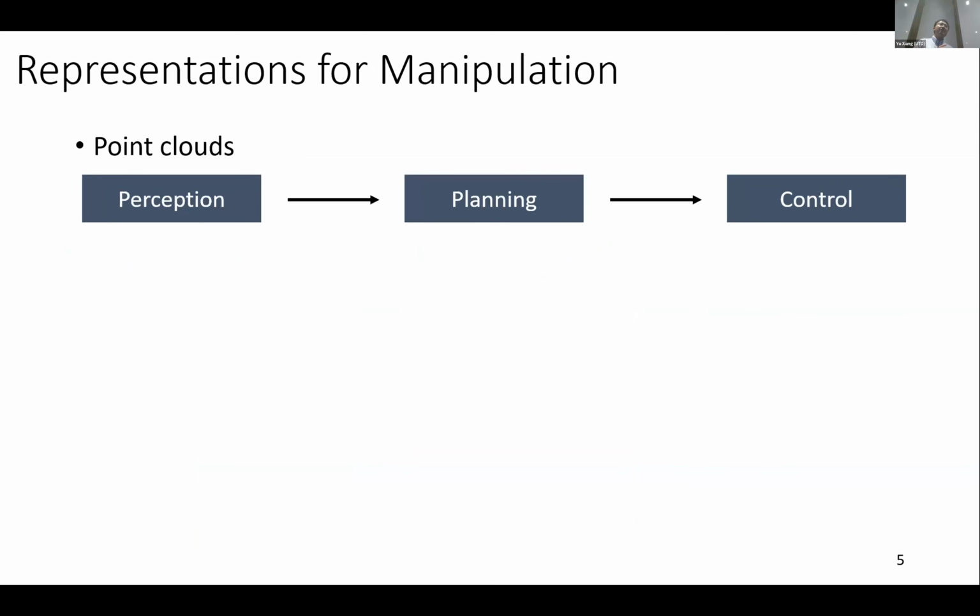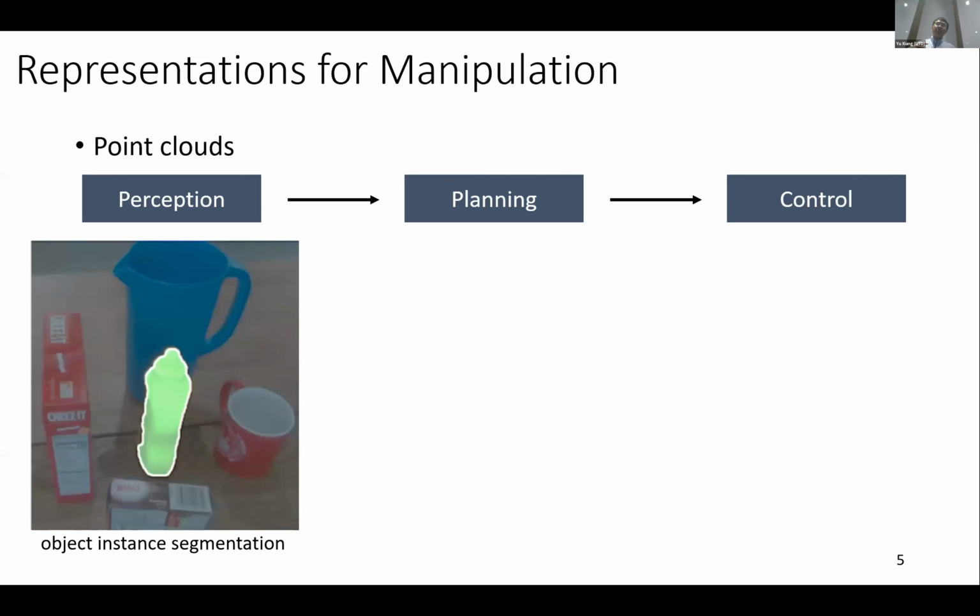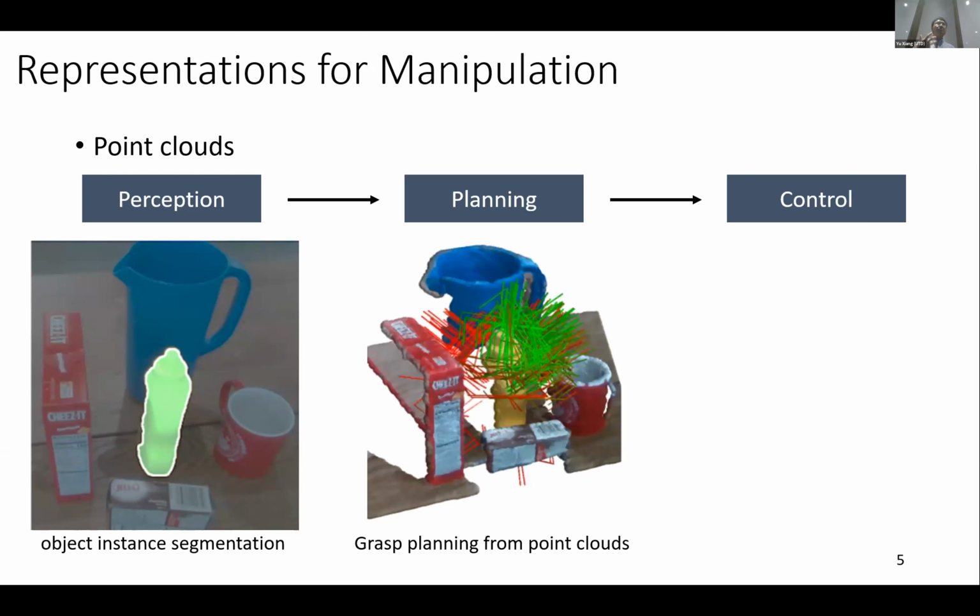Or we can use point clouds to represent objects. Again, in this pipeline of perception, planning, and control, in perception we can tackle the object instance segmentation problem. Given an input image, we segment objects, and assuming we have a depth image from the depth sensor, we can get the point cloud of each segmented object. Then in planning, there are algorithms that can plan grasps given the point clouds of objects, such as GraspNet or Contact-GraspNet.